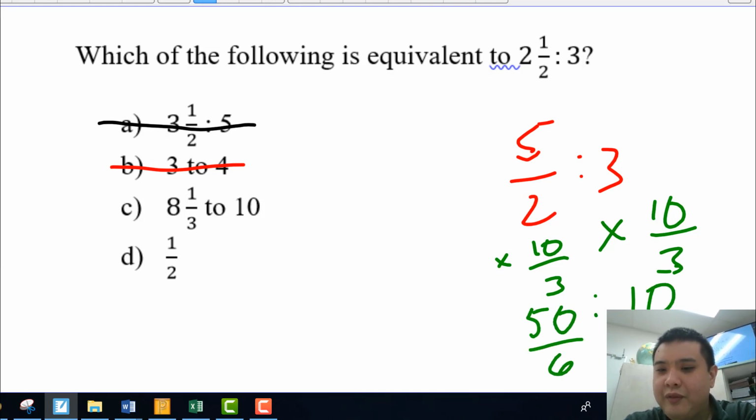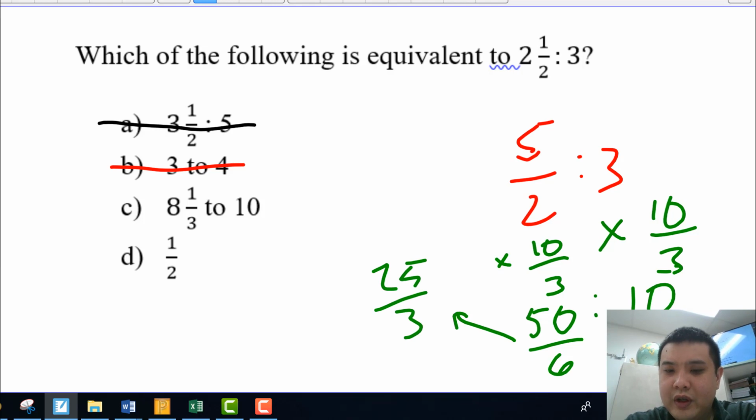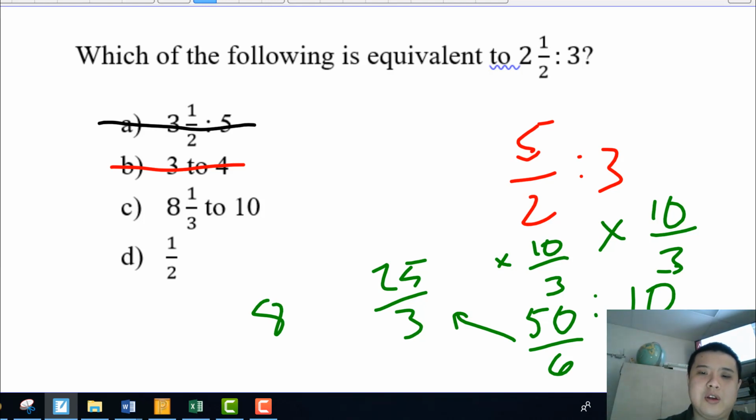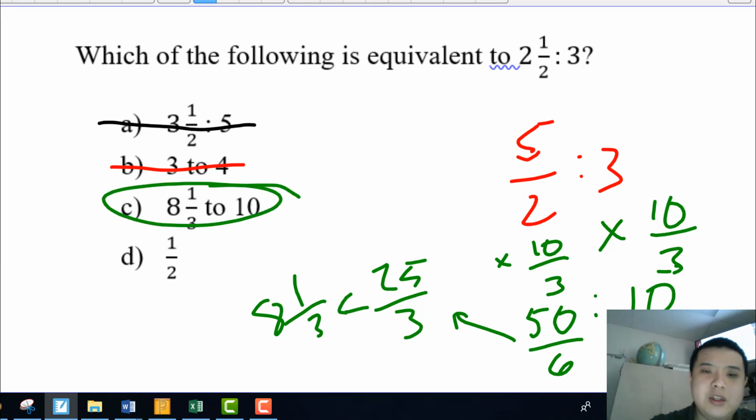And when we simplify that, that's the 25 over 3. And when we simplify that, we find that that is, in fact, 3 goes into 25 8 times, and we get 8 1/3. So therefore, our option C is the equivalent fraction. Okay.